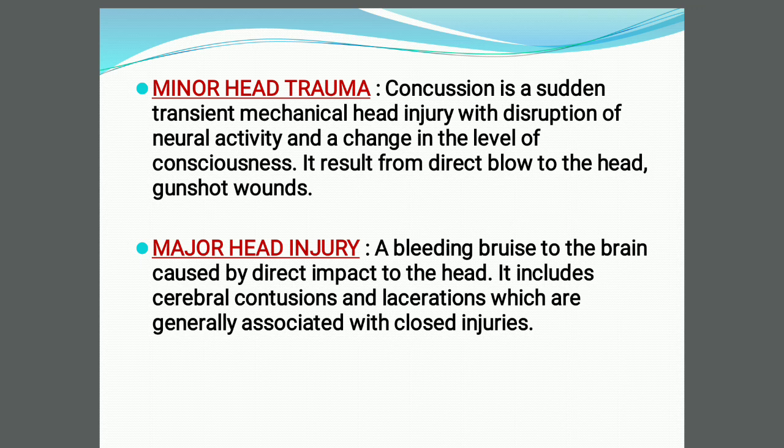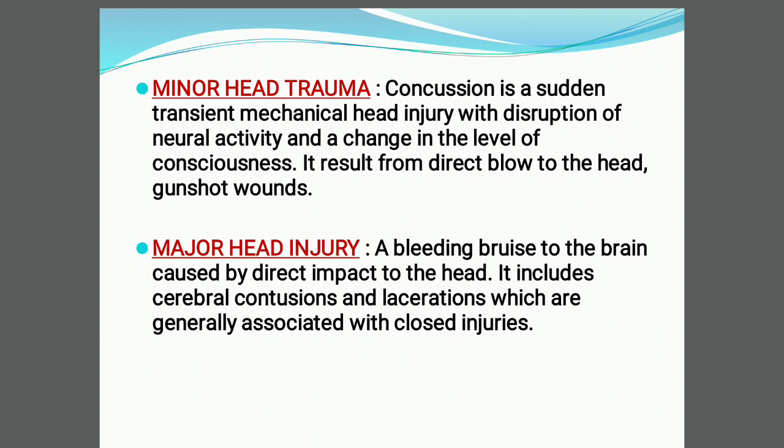Then the last type, that is the major head injury. In major head injury, there is a bleeding bruise to the brain, which is mainly caused by direct impact to the head. So it includes cerebral contusion or hematoma, and laceration or cuts or tears in the brain, which are generally associated with closed injuries.